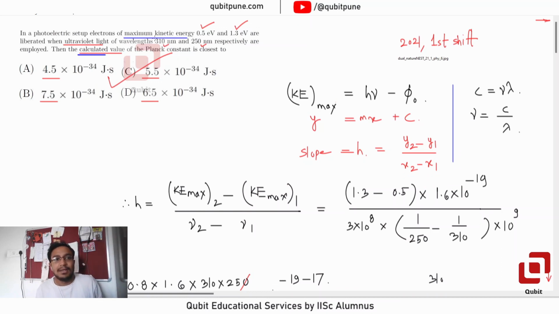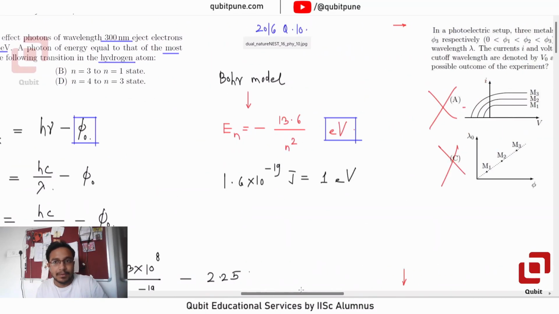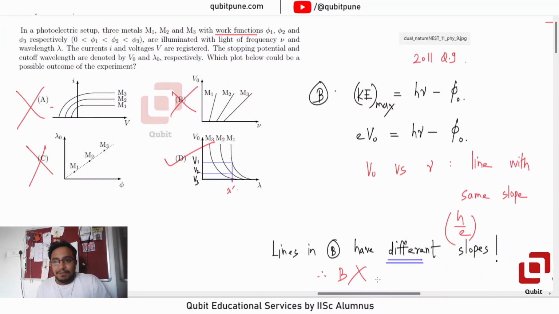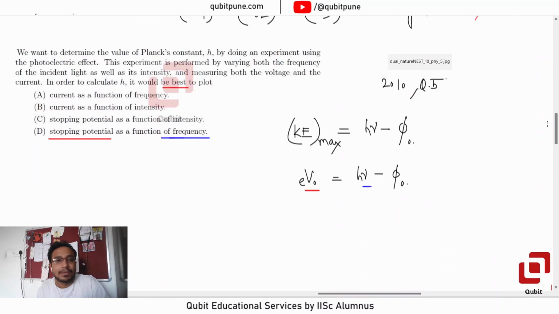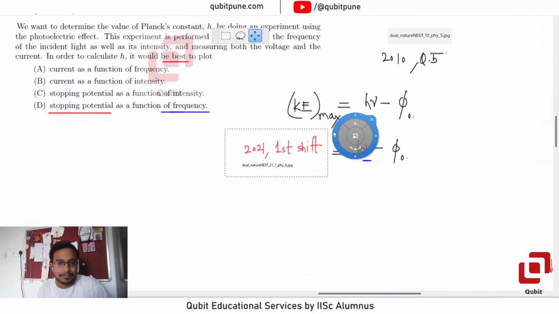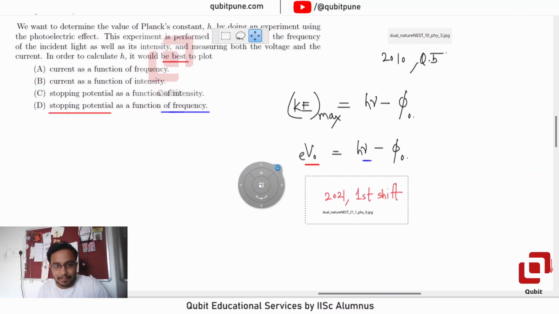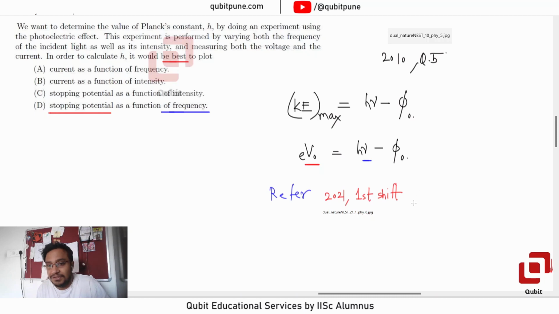I'll put this one there, refer to this MCQ. Refer NEST 2021 first shift, question 6. So you've got the option as D, definitely.